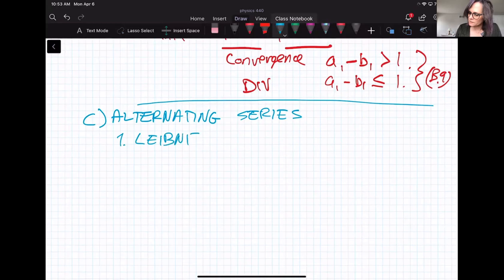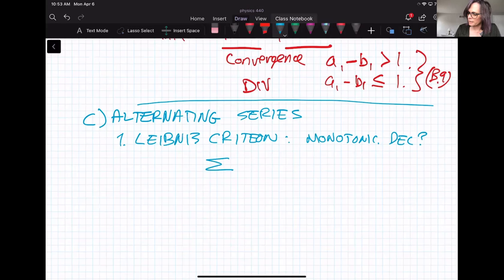The Leibniz criterion for an alternating series asks, again, is everything monotonically decreasing? Here we're considering the series from n equals 1 to infinity of (-1) to the n plus 1 times a sub n.